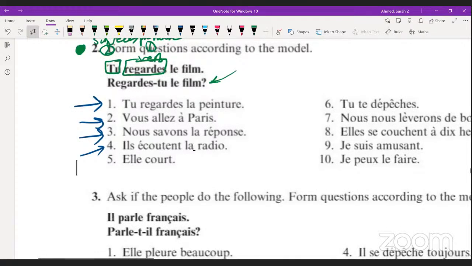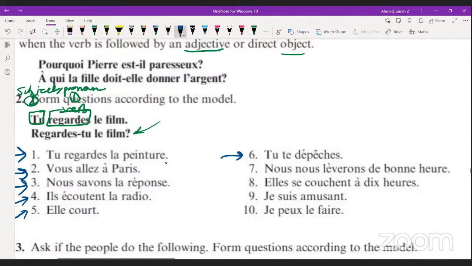Ils écoutent la radio. Yes. Écoutent-ils la radio? Excellent. Number 5. Elle court. Yeah, court-elle.